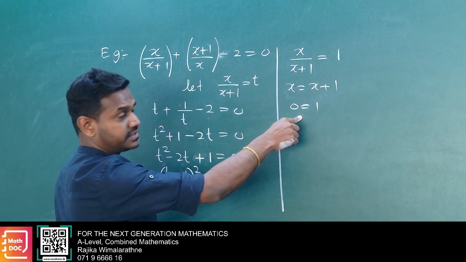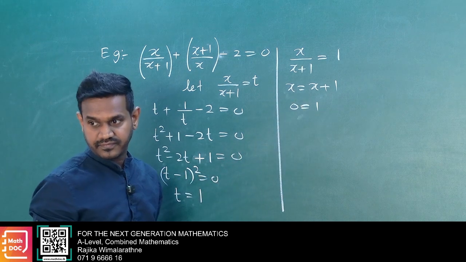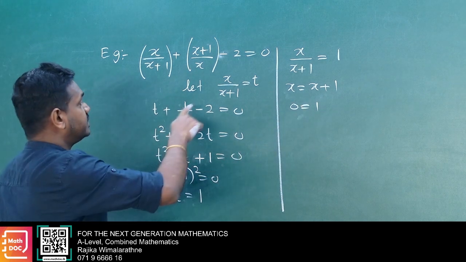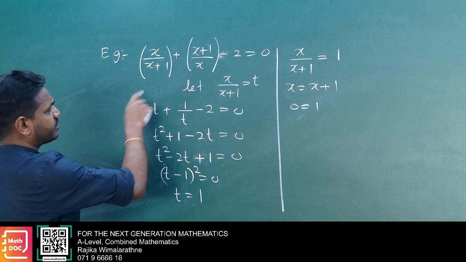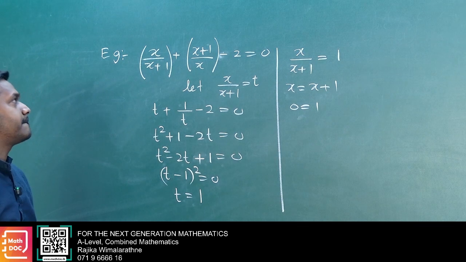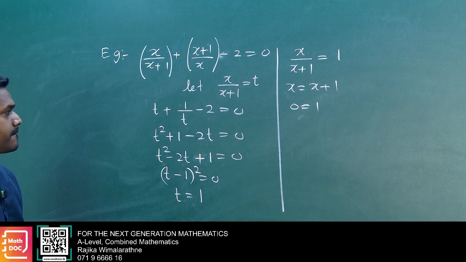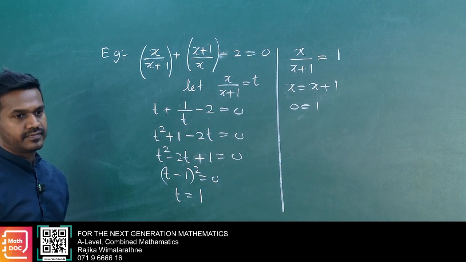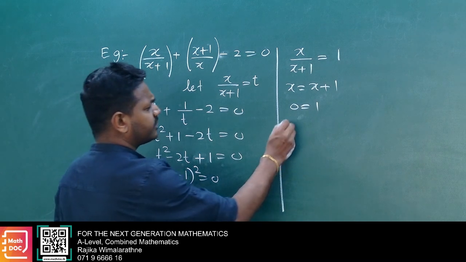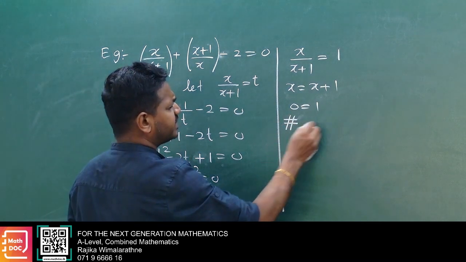Wrong condition means no real solutions for this. Here this we call a contradiction.